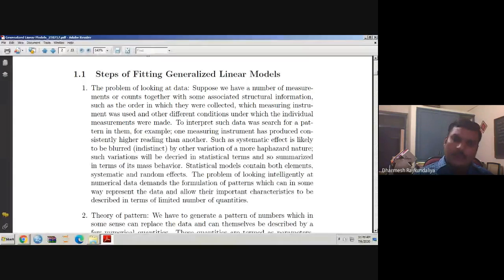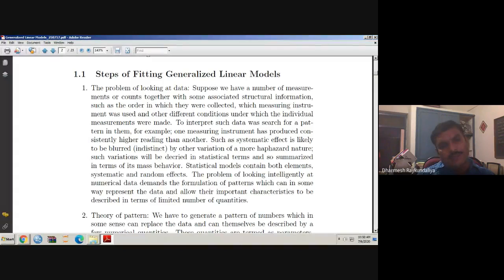So whenever the errors are uncorrelated and the variance is a function of mean, we can apply the concept of generalized linear models. In the last lecture we discussed that we cannot use the generalized linear models when the data or the experiment is a kind of split plot experiment where there are two errors and they are correlated with each other. So we cannot apply.